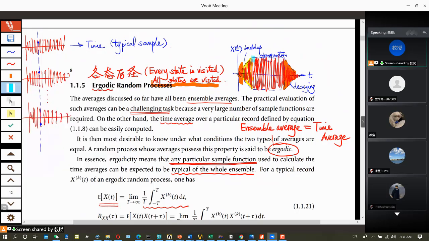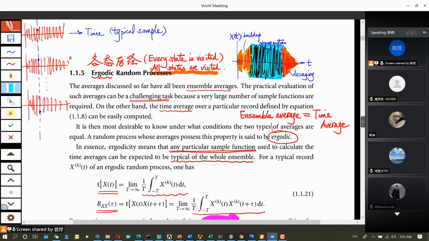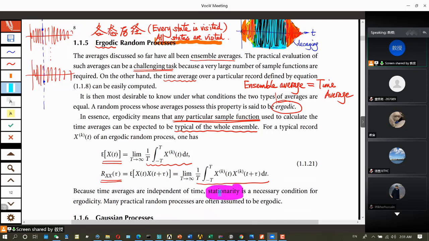for the strong motion phase, all the possible states are visited. Okay, so this portion can be modeled as stationary.